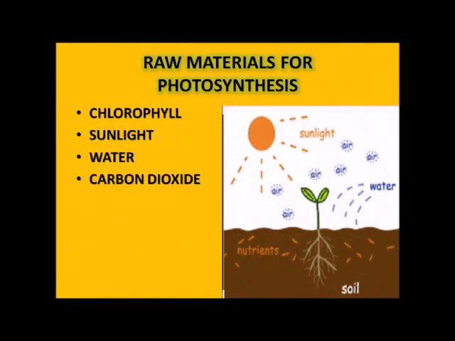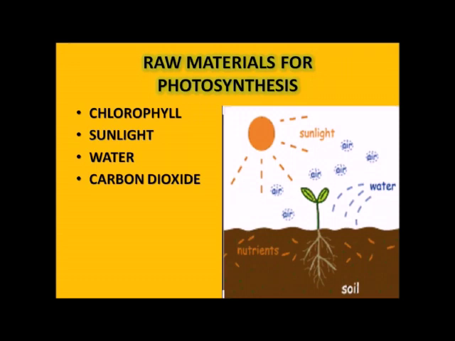Now, what are the things that are required for photosynthesis to take place, or what are the raw materials required for photosynthesis? For example, if you prepare food in the kitchen, you require raw material for that. Like if you prepare tea, you will be requiring milk, water, sugar, and tea leaves.